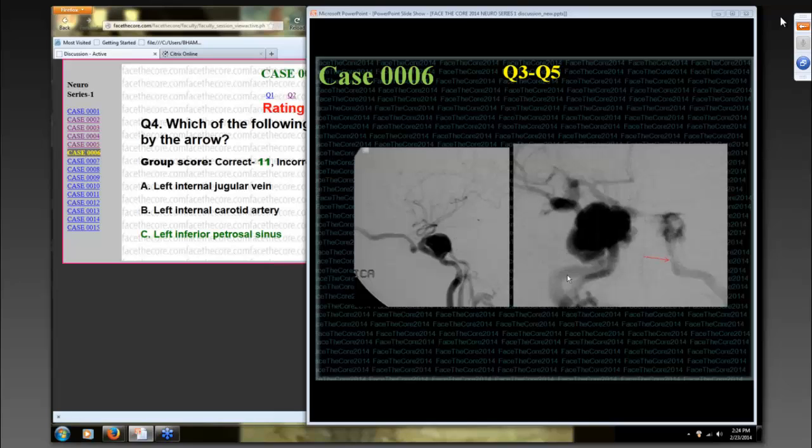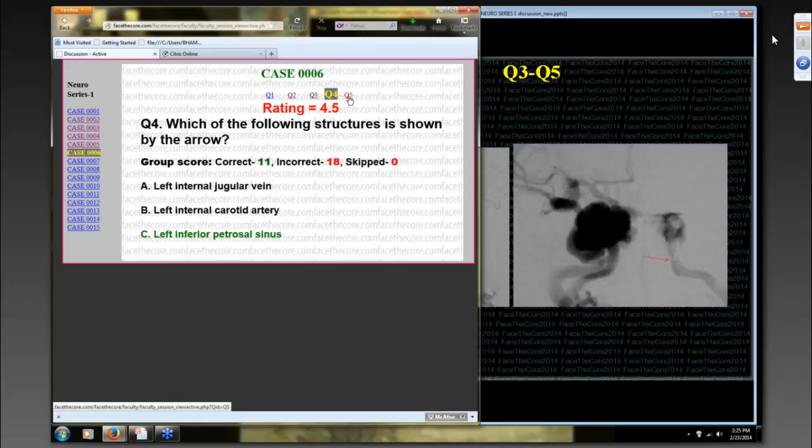An angiogram is done, and you can see the carotid cavernous fistula filling the entire cavernous sinus, and through the intercavernous communications, the opposite cavernous sinus is also filling and then draining through the left inferior petrosal sinus, which is the outlet of the cavernous sinus itself, to drain ultimately into the internal jugular vein. So that is the inferior petrosal sinus that is being shown on this particular image.